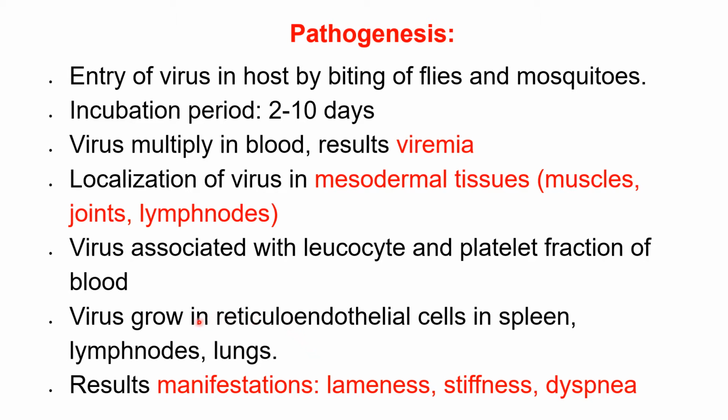In the lungs, they produce pneumonia-like or pneumonic changes, dyspnea. This results in the manifestation of lameness because muscles are involved, stiffness because the joints are involved, and dyspnea because the lungs are involved.